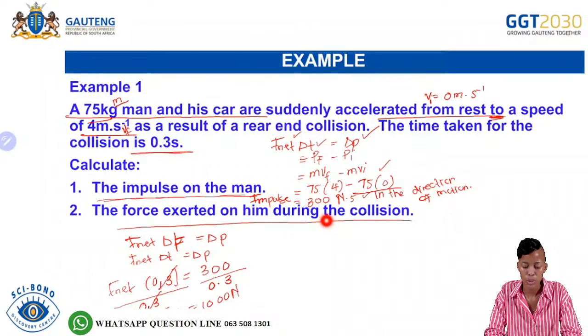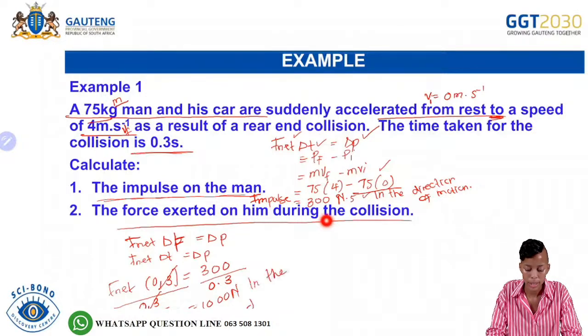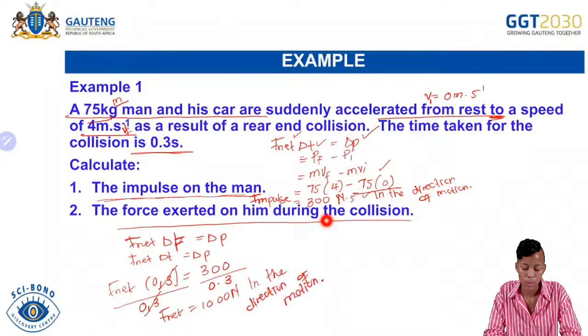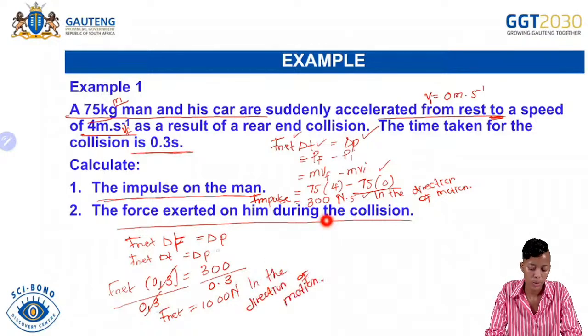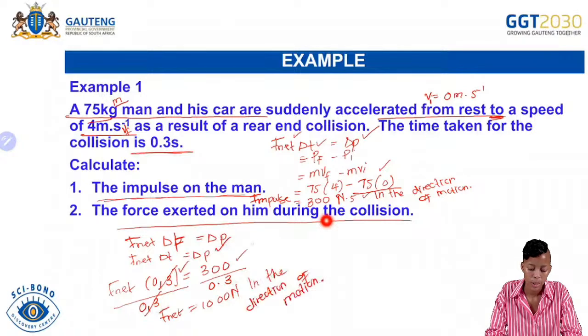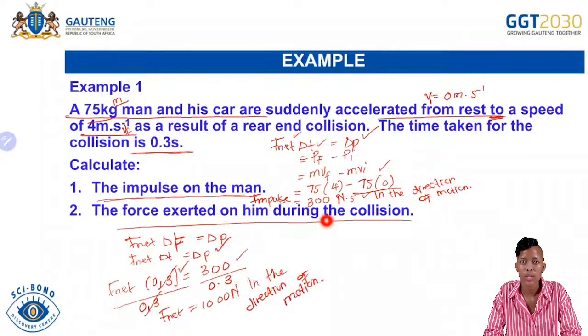And then what are we going to write as the direction? It will be in the direction of motion. Okay, so again, if I was to mark this one for you, I'll give 1 mark for the formula, 1 mark for the substitution on the left, 1 mark for the substitution on the right.